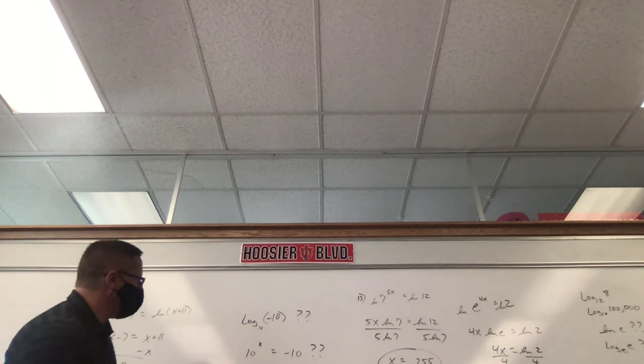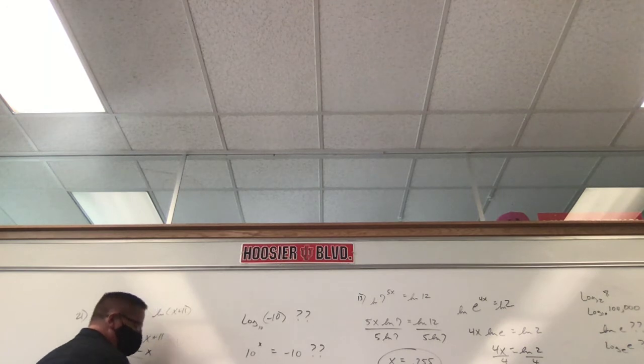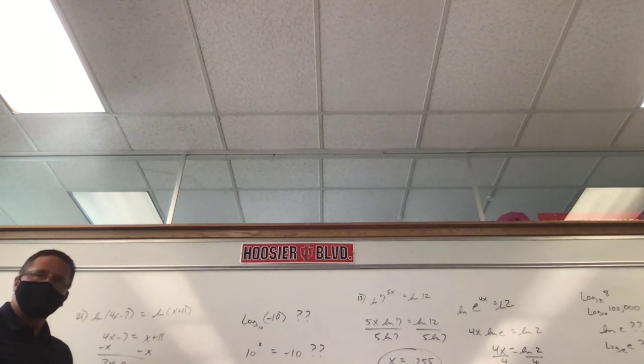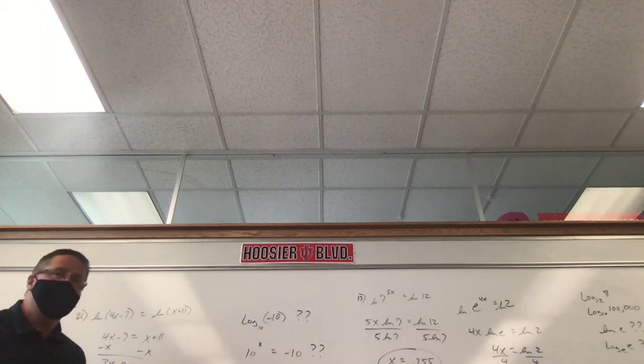What does 10 to the x look like? If I give you y equals 10 to the x, that's exponential growth because 10 is bigger than 1. Remember these curves? When does this get down to the x-axis? Never. Therefore, when does it get below the x-axis? Never. So when does it get to be negative? Never.